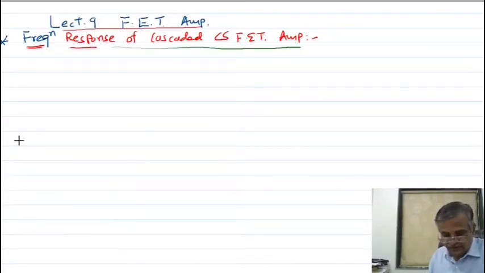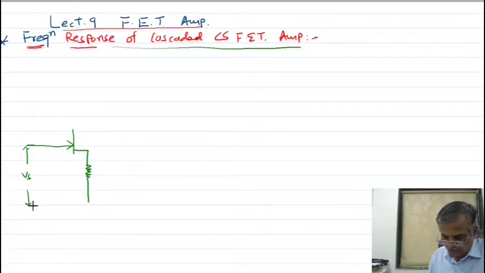See the first circuit diagram. From the circuit we'll discuss. Here I am giving the input signal Vs to the first stage of common source amplifier. This combination provides a self bias.